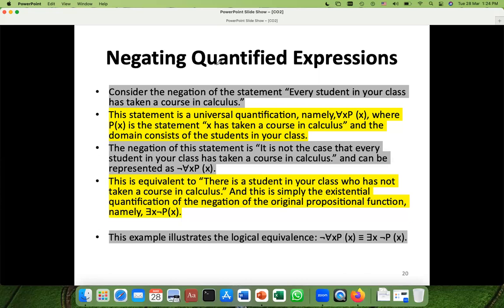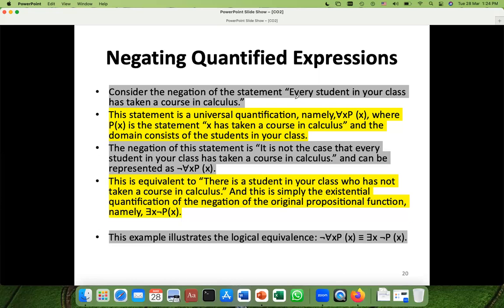So this topic is negating quantified expressions. Now you will see some propositions in which the quantifier is used, and you have to apply negation over them. So now we will learn the concept of negation over these quantified expressions, which are statements in which we can use the quantifier.